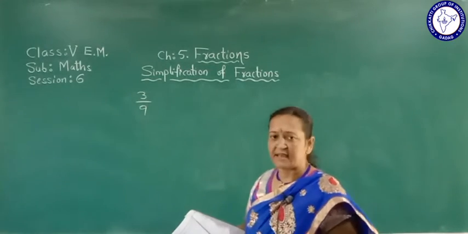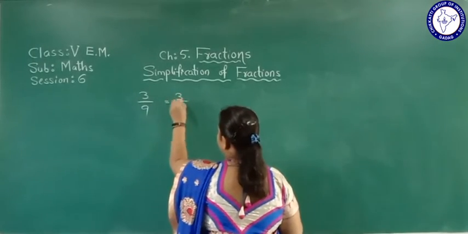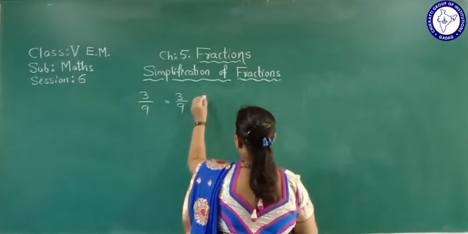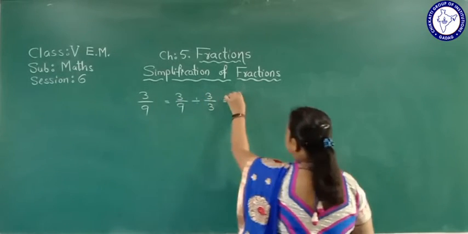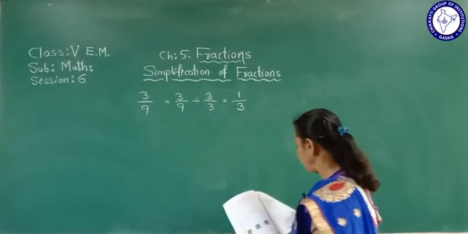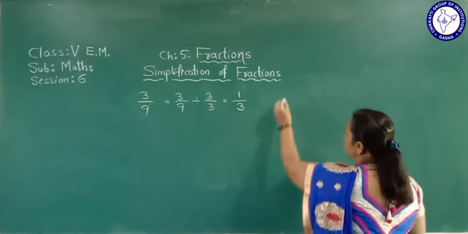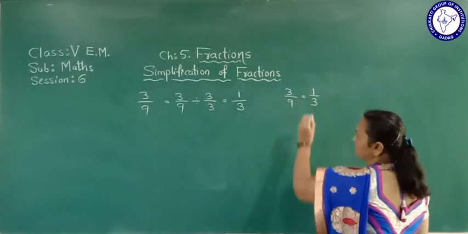Both numbers we get in the 3 table. So this 3 by 9, if it is divided by the same number 3 and 3, then 3 ones are 3 and 3 threes are 9. So this 3 by 9 equals 1 by 3.